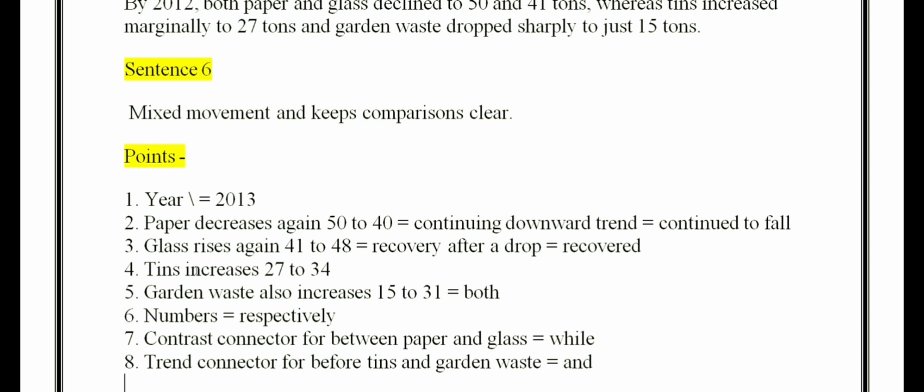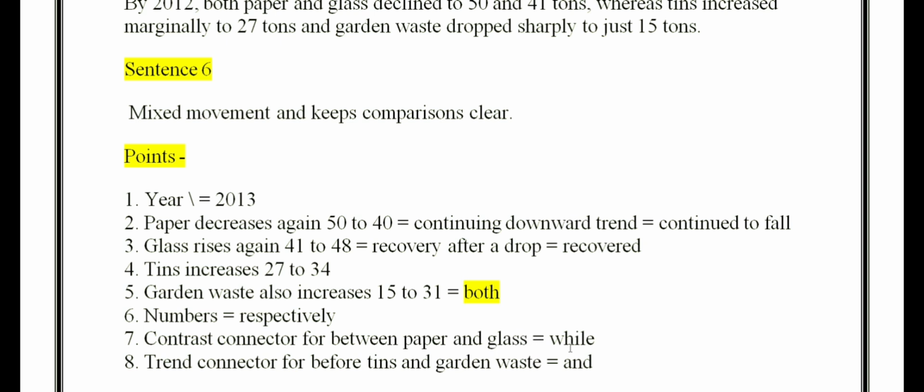With regards to tin, they have also increased from 27 to 35. Garden waste also increases from 15 to 31. And because both are increasing, we use the academic word both. When we are giving the numbers, we use the word respectively. When we are showing the contrast between the paper and glass, the word is while.